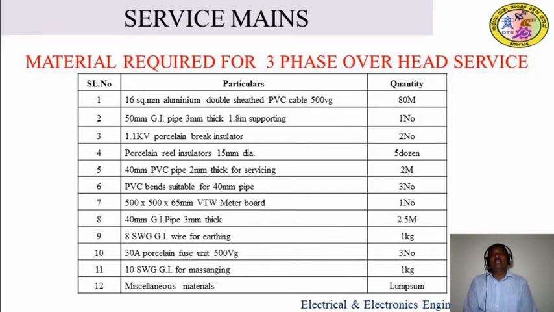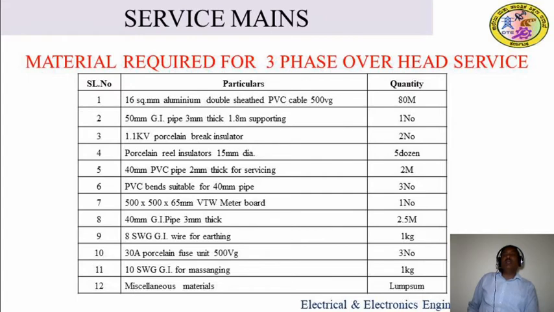In the serial number column I put the serial number of the material, and in the particular column I write the name of the material with its specification, and in the quantity column I put how much quantity is required.